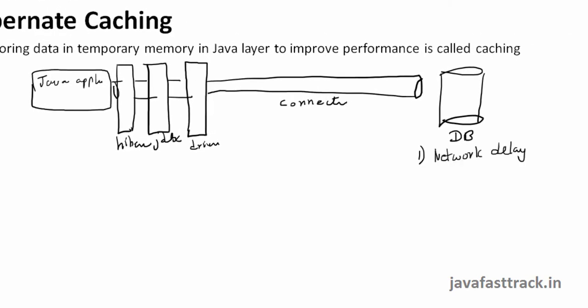So for the Java application to send SQL queries to the database, for the queries to get compiled and to get the result back, it's going to take more time. Not only the network delay, it also needs time for retrieval of data and query compilation. Every time the SQL query has to get compiled in the database, that itself is going to take some small time.